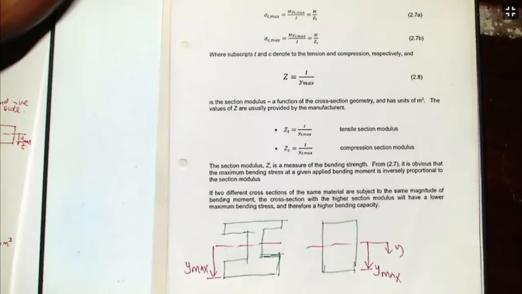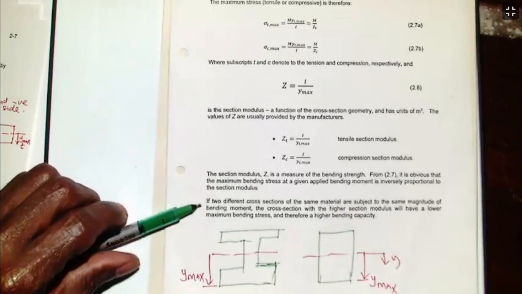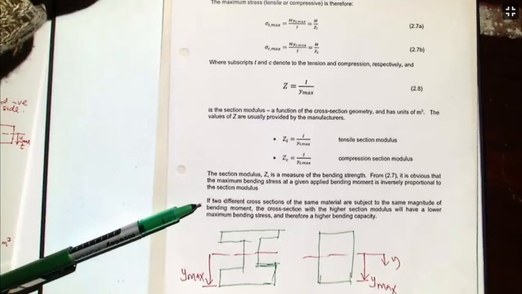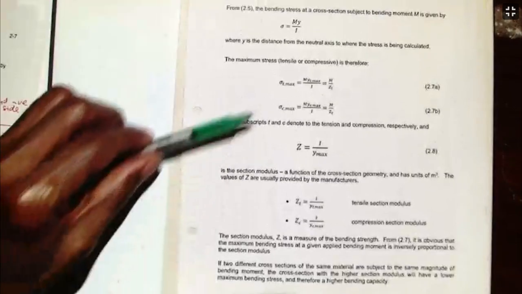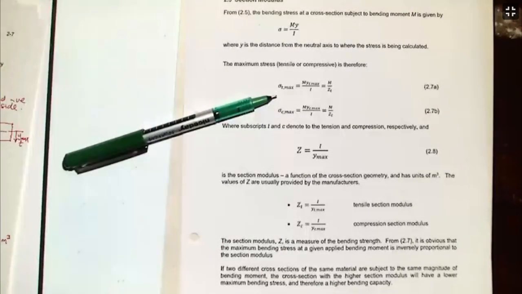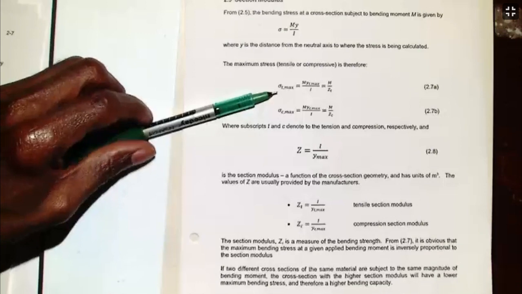If we have a choice, then we want to choose a section modulus that will ensure that the stress is not very high. So I'm going to ask you to tell me what will happen if the section modulus is very high and if it is very low. Which one will give us a greater stress? Could you repeat the question, please? So we have a section modulus Z, and that is the bending stress.